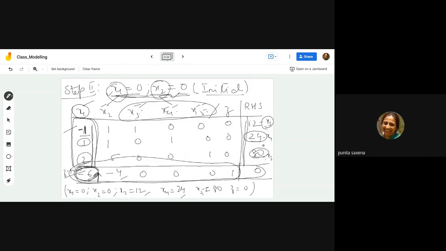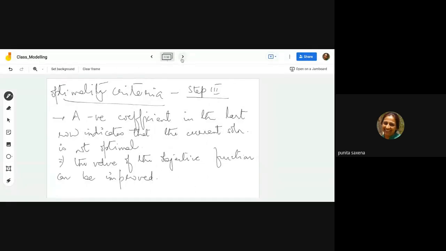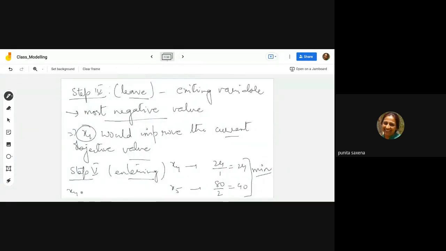Which is the minimum ratio? 24. So x4 enters, which means x4 becomes 0. So x1 becomes non-zero and x4 becomes 0. Is this clear? So x4 enters, x1 leaves.